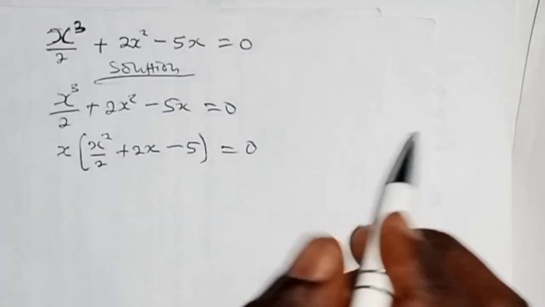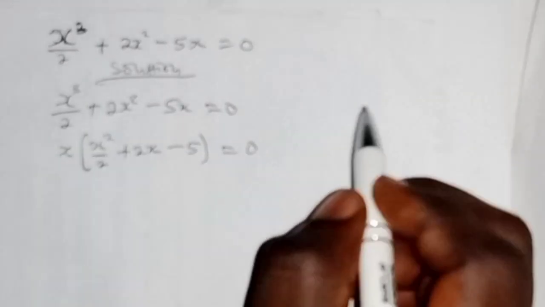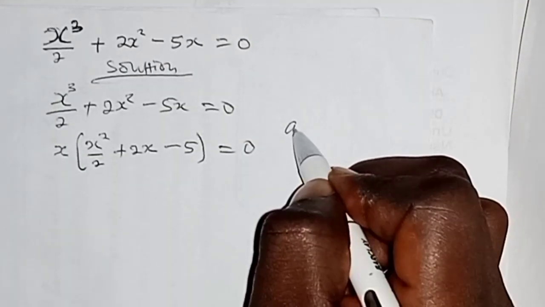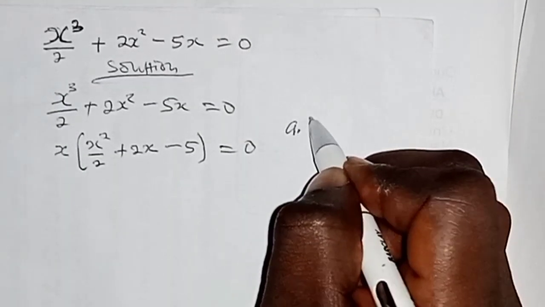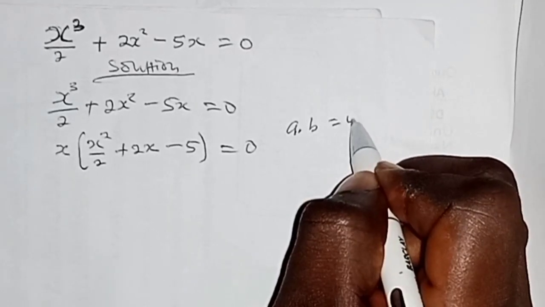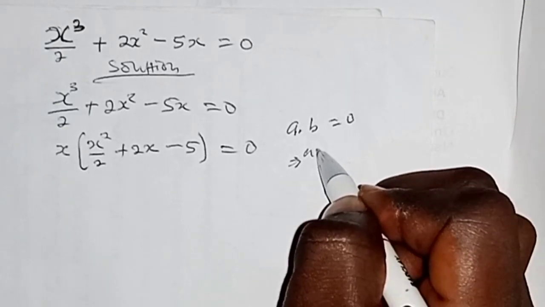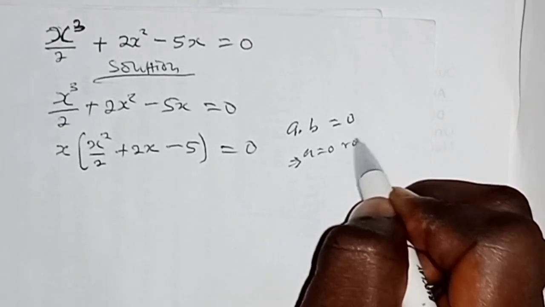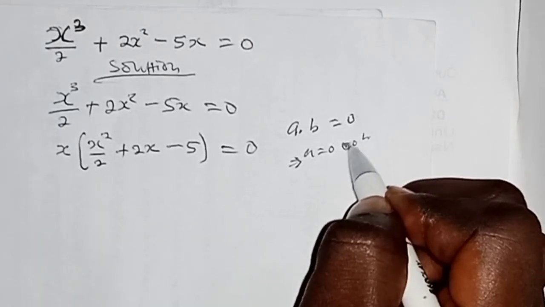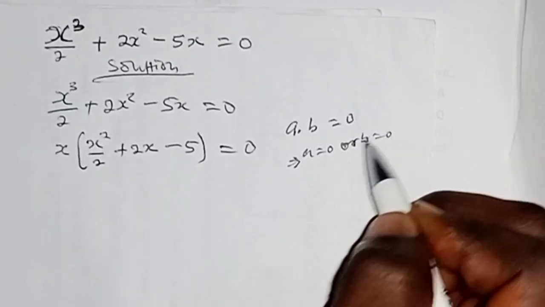And already we have that one value of x is equal to 0, because if you remember this relation, if a times b is equal to 0, this implies that either a is equal to 0 or b is equal to 0.